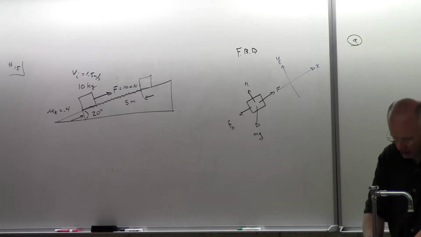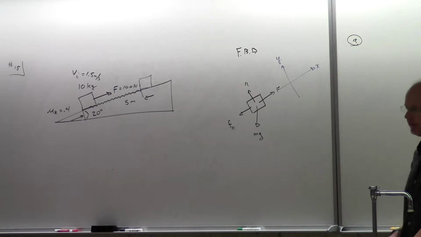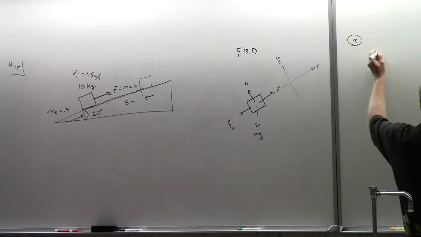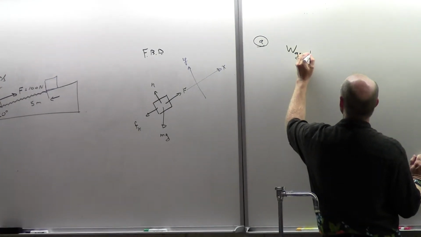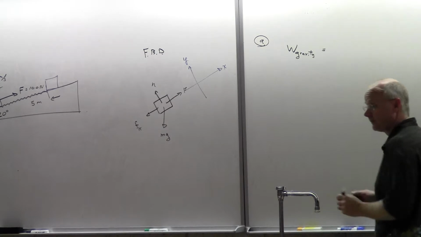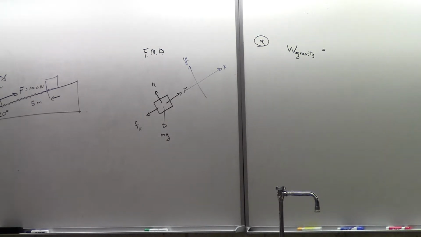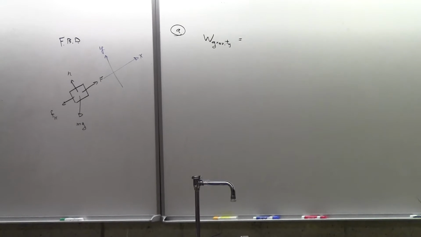I'll start with A. How much work is done by the gravitational force? How much work? And I'll put a little gravity down here. And we could go back to the definition of work and how it's an integral, but why?